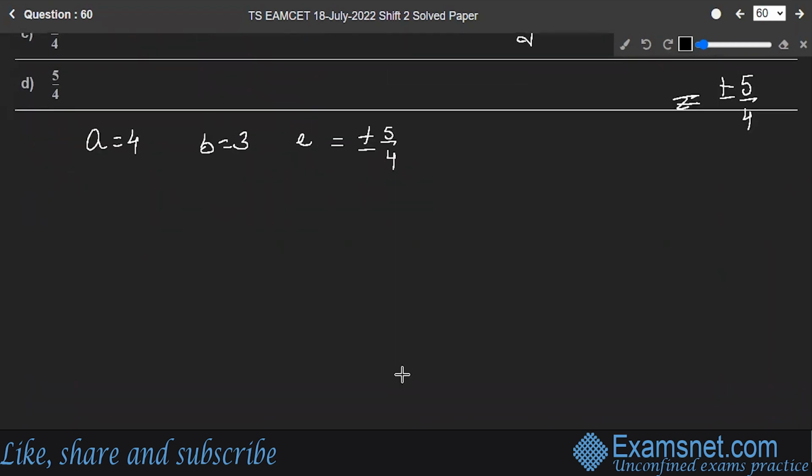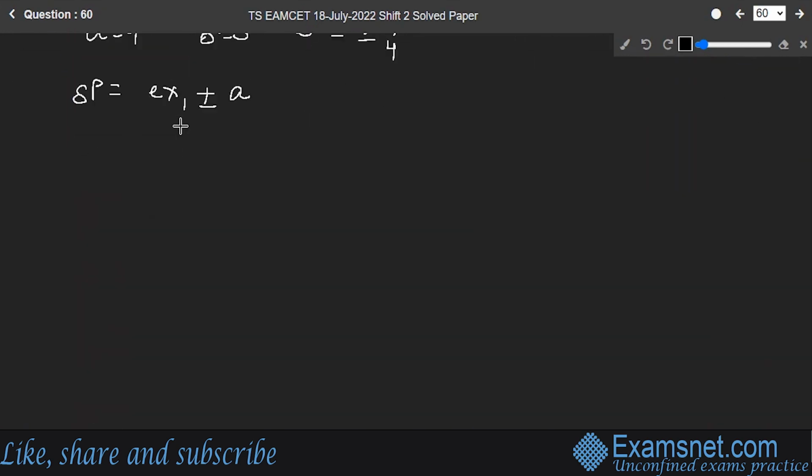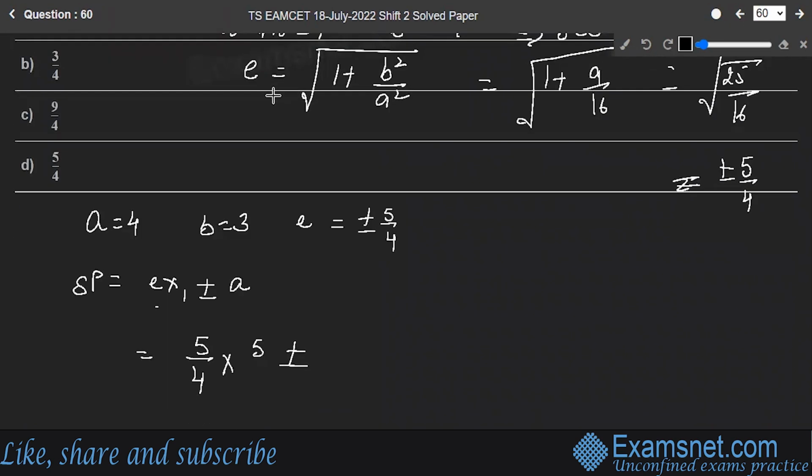So let's find out SP. It is ex1 plus minus a. I hope I wrote plus minus. Okay. So e is 5 by 4, multiplied by x1, which is 5, right? Okay, plus minus a, which is 4.